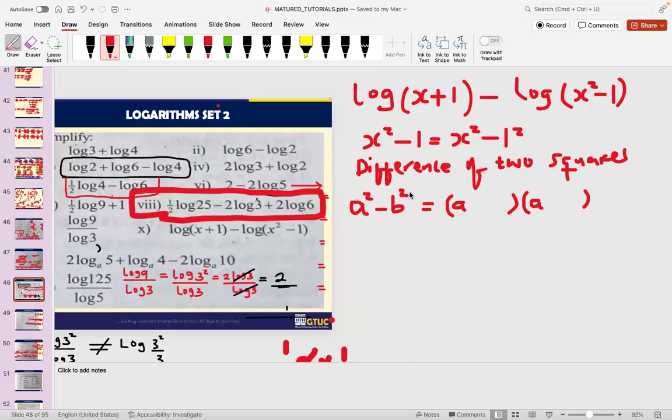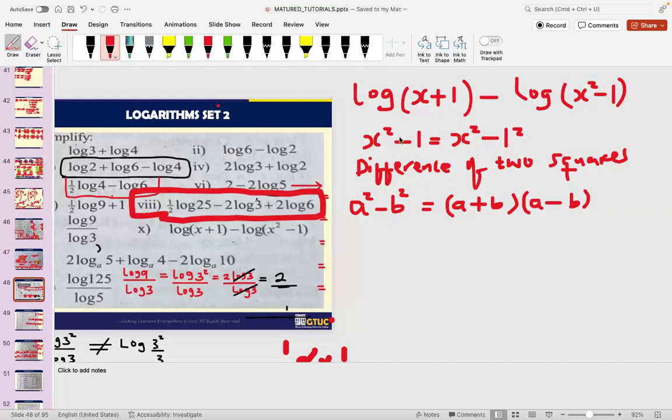B squared means write b two times, so you write b here and b here. When b crosses the equal sign, it becomes plus, so you put the plus here. When b comes back, it comes with a minus, so you put the minus here. So anytime you expand (a plus b)(a minus b), your final answer will be a squared minus b squared.